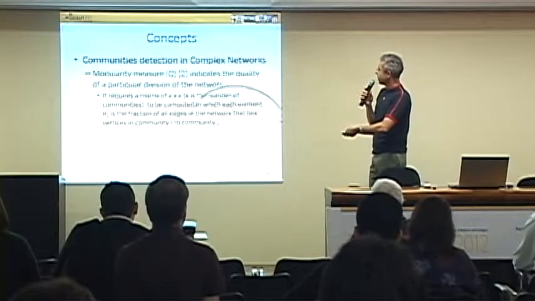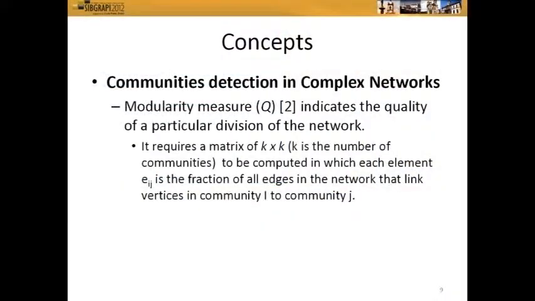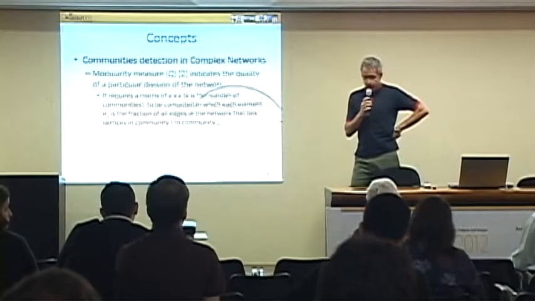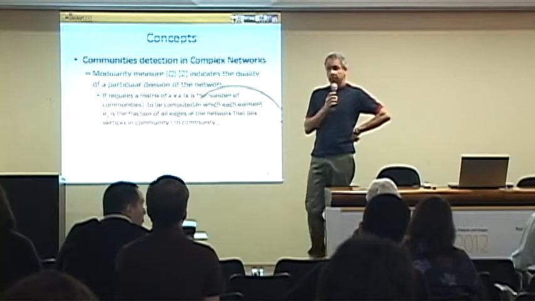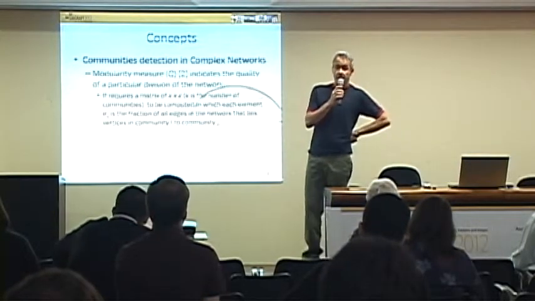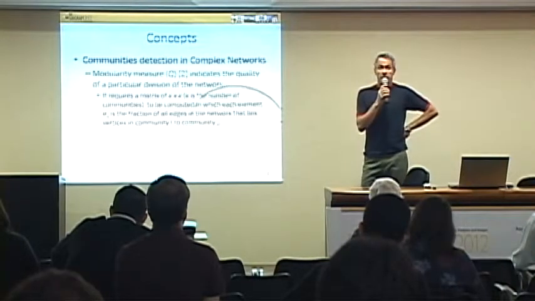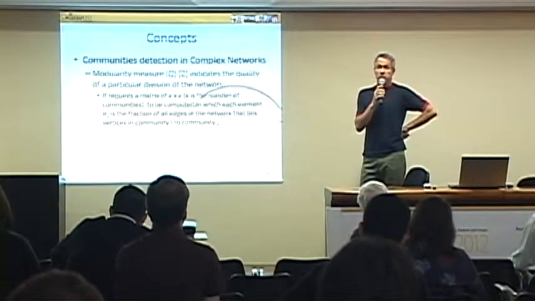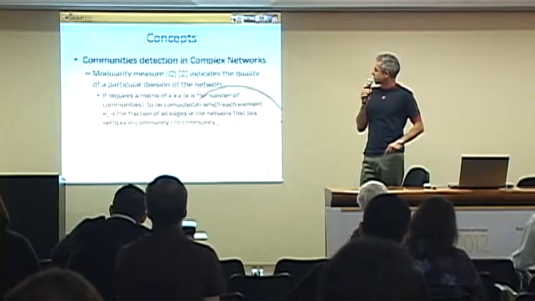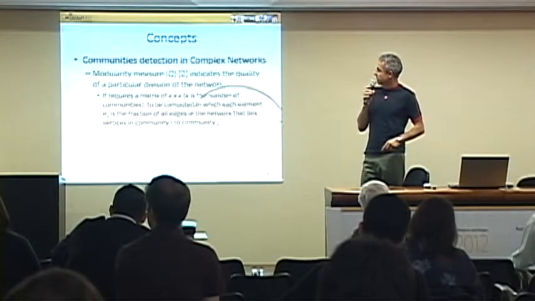Okay. Another key concept, and that has to do with the community detection algorithms, is how do you tell if this partitioning that you computed is good enough as an image segmentation.